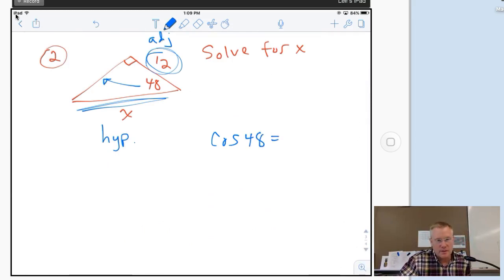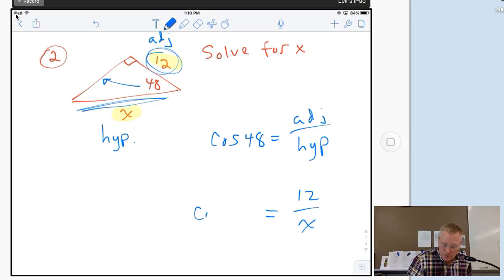The angle always goes next to the cos, or sin, or tan, and that's the adjacent over the hypotenuse. And now I can plug in those 2 values. Here's the adjacent, 12, over the hypotenuse x equals the cosine of 48. And that is an equation that I can solve.